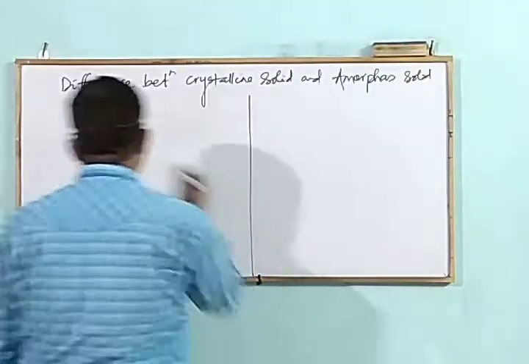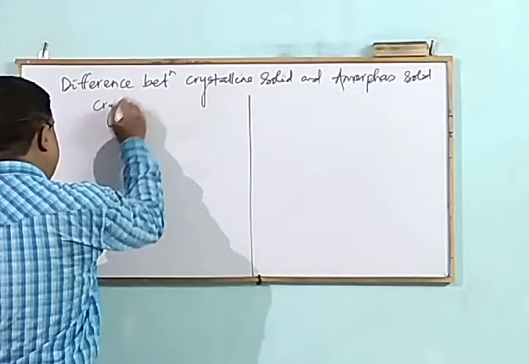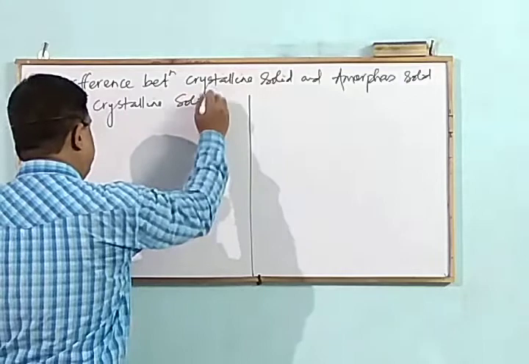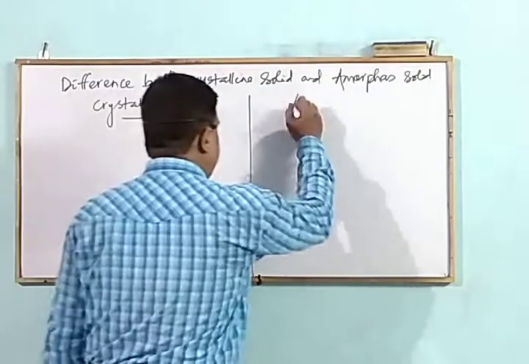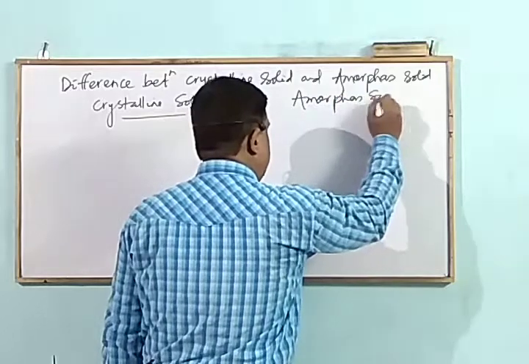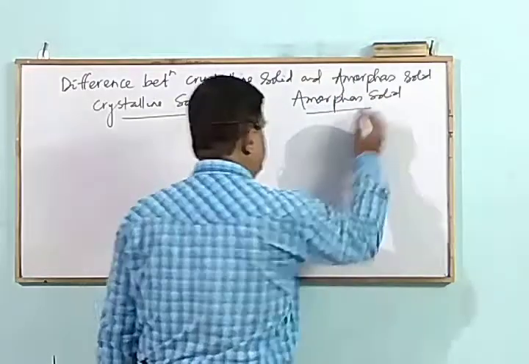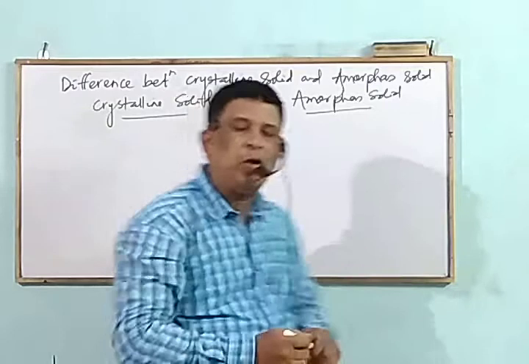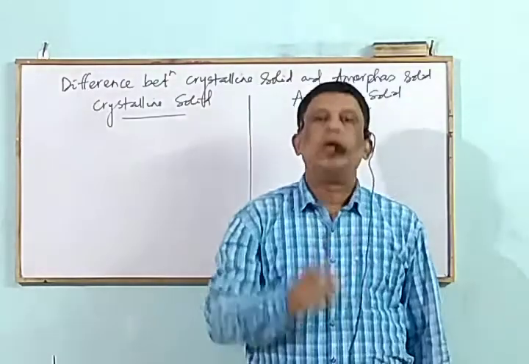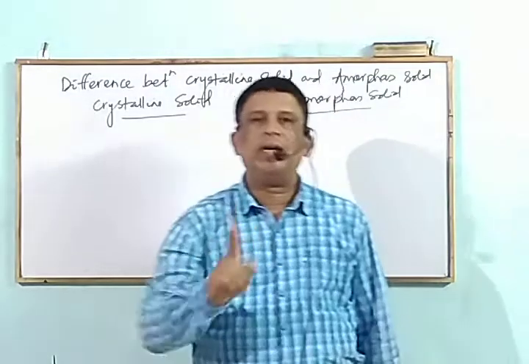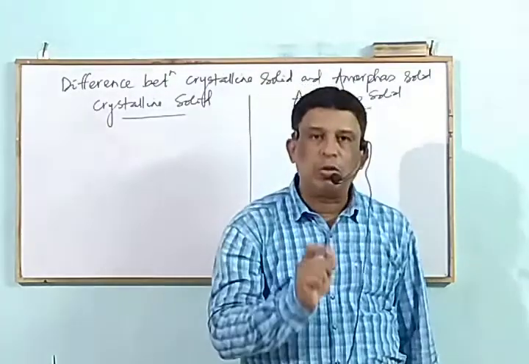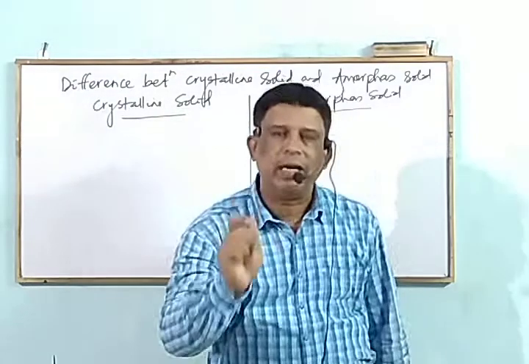Make a table. One side crystalline solid, one side amorphous solid. I remind all of you that while writing the difference, writing the distinction, always focus on the first point, definition.